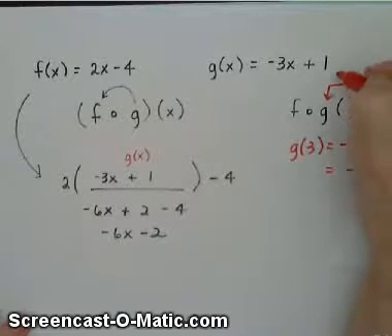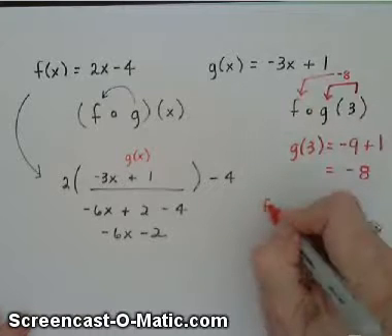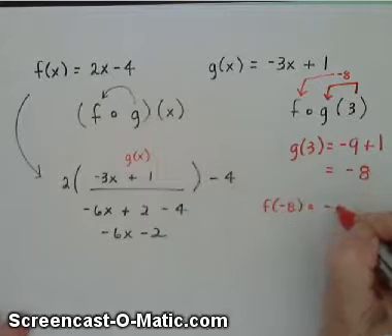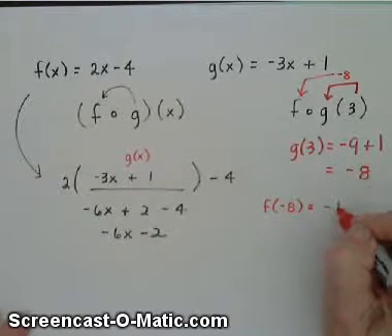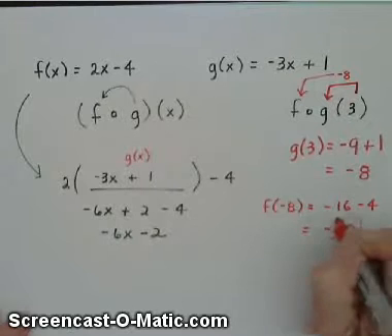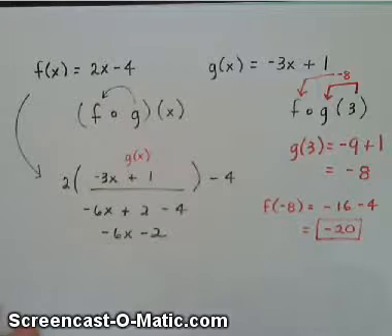And then once you know that's negative 8, you can put negative 8 into the f function, and f of negative 8 would give you 2 times negative 8, negative 16 minus 4, which is negative 20. Now this is the value I'll be looking to check when I put 3 in right here, and you can see I would get negative 16 minus 2, which is negative 20.